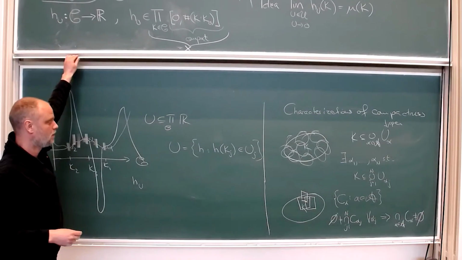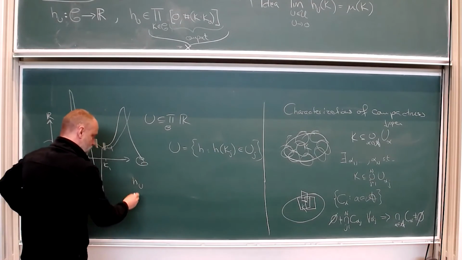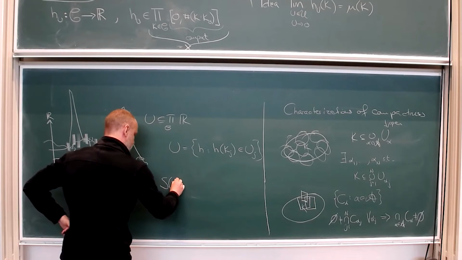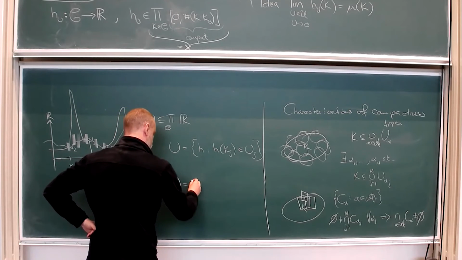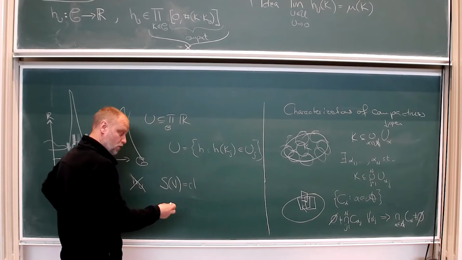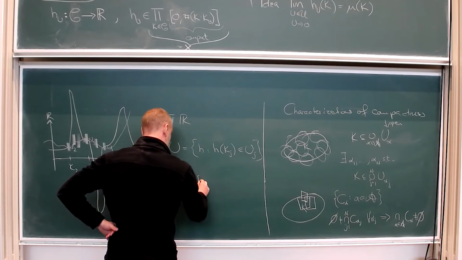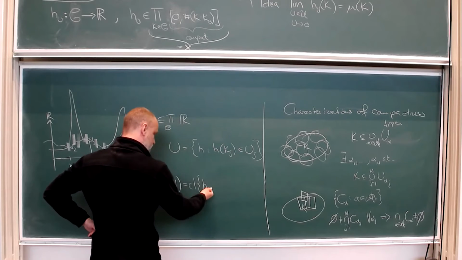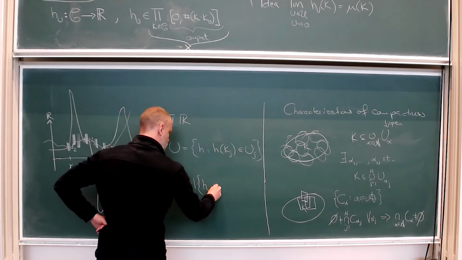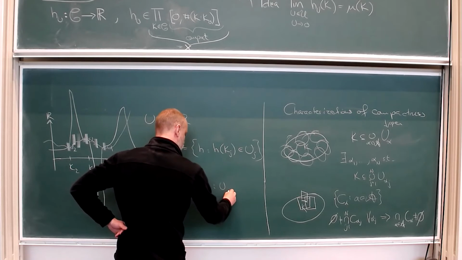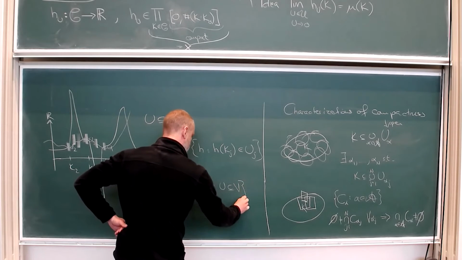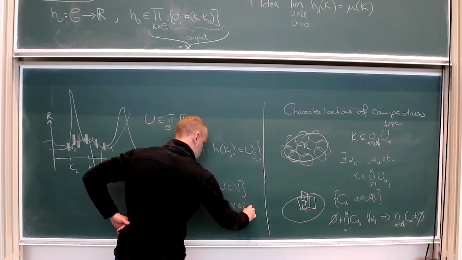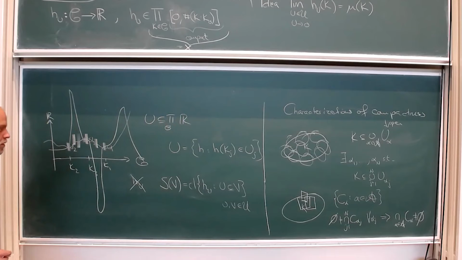Well, so what we're going to do is, okay, we're not going to work with a single function, we're going to work with sets. So S_V will be equal to the closure in this new topology of all the sequences h_U, where U is a subset of V, and both U and V in this case are in this collection of open neighborhoods.